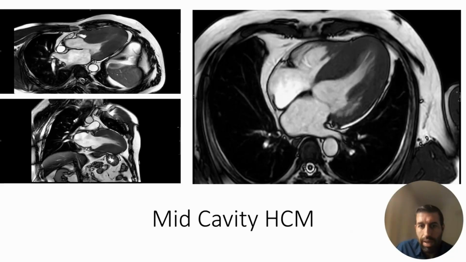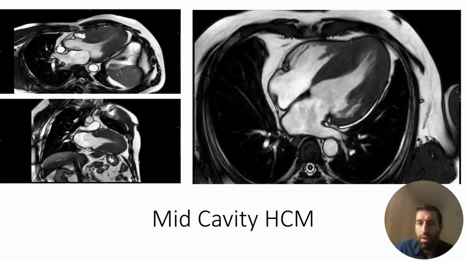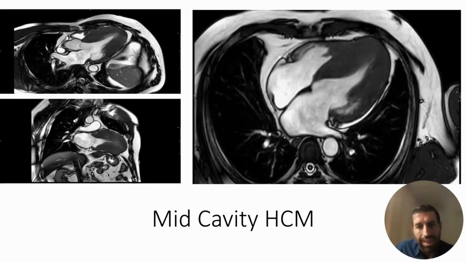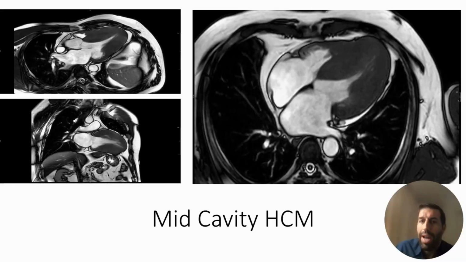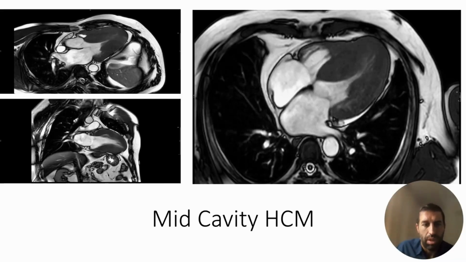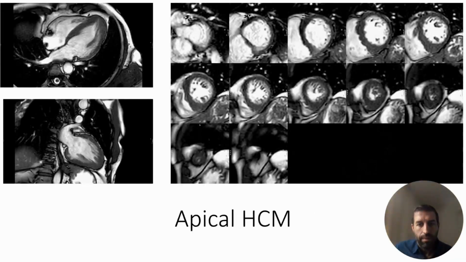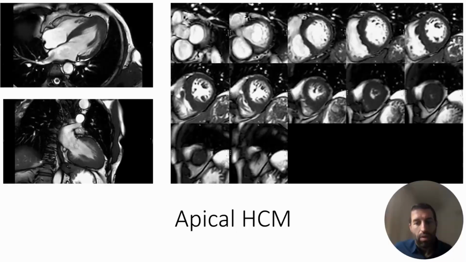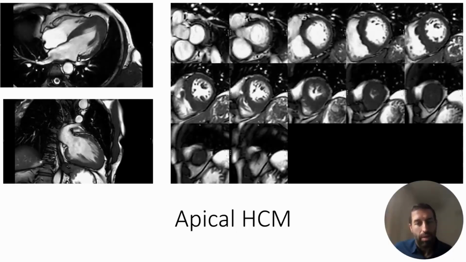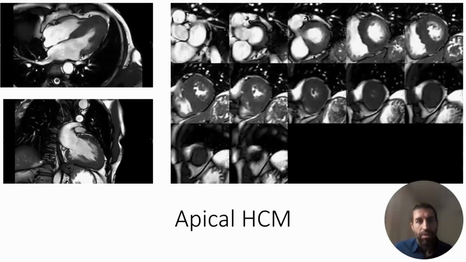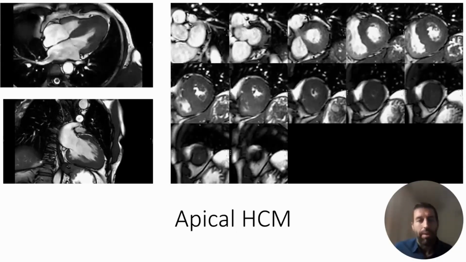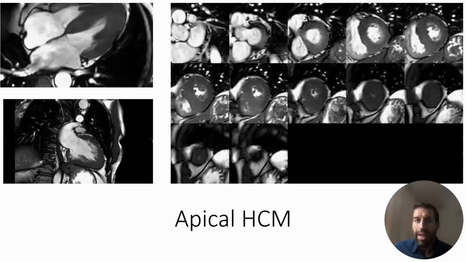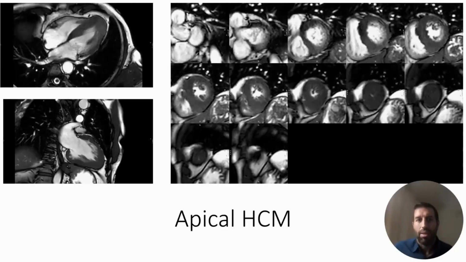Here we have another variety of hypertrophic cardiomyopathy with thickening of the mid-apical LV walls. CMR is superior to echo for apical hypertrophic cardiomyopathy. CMR demonstrates loss of apical tapering with apical hypertrophy in diastole and systolic apical cavity obliteration.